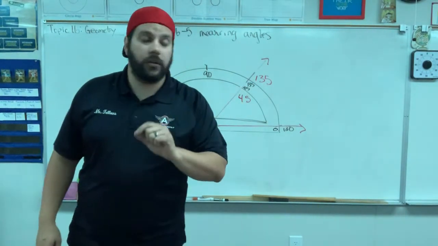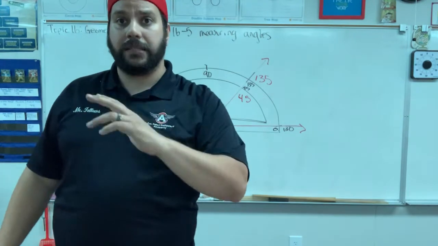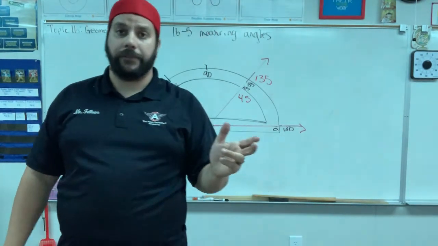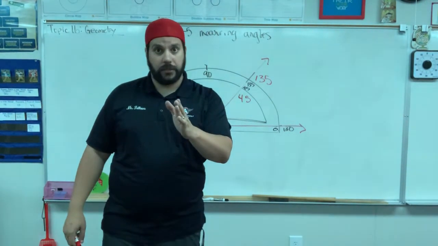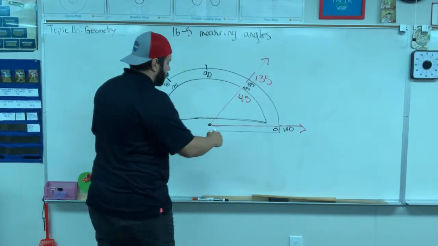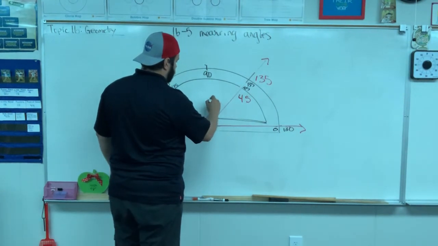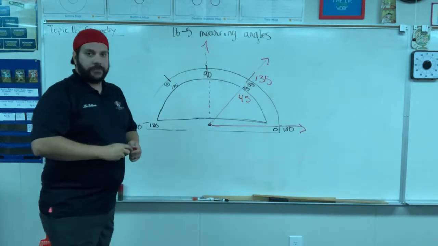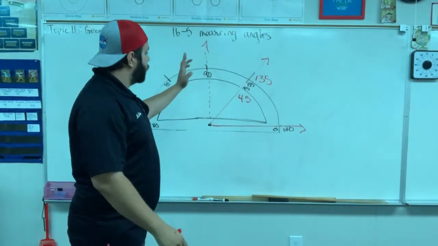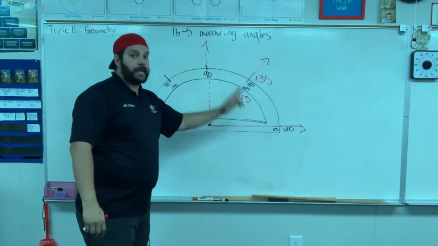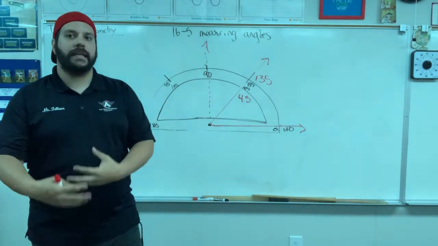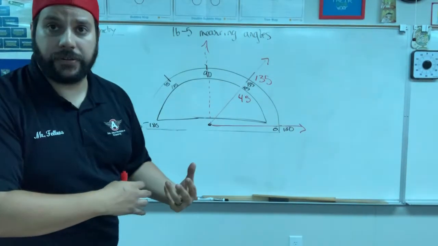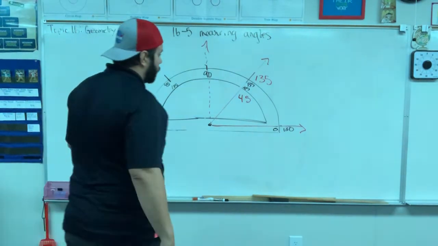What is the angle measurement that we use to kind of base acute, obtuse off of? Right angles. So our right angle would be here. That's 90 degrees, okay? So comparing it to my right angle, I'm gonna ask myself, is it larger than 90 degrees or is it smaller than 90 degrees?